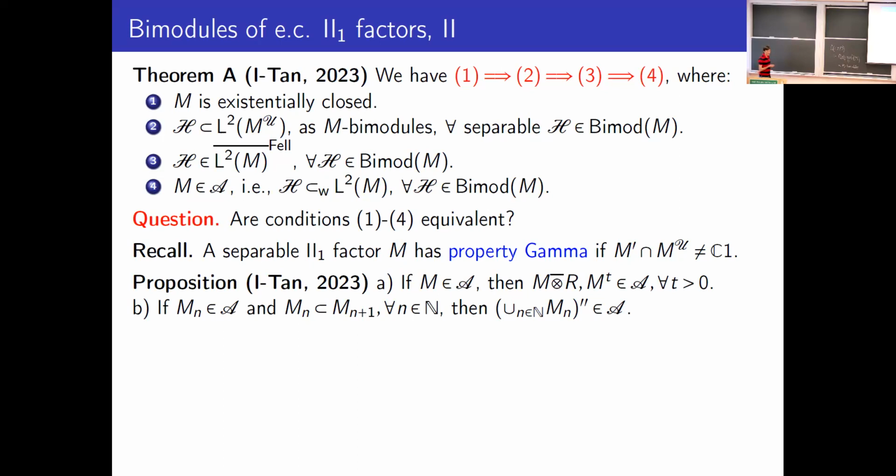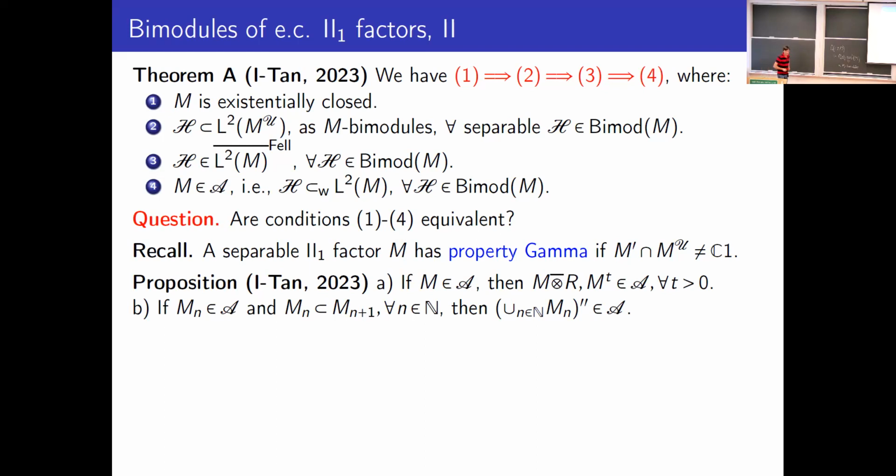If a II1 factor M belongs to this class A, so again any M bimodule is weakly contained in L2 of M, then so do M tensor R, the hyperfinite II1 factor, and any amplification M^t of M. Also class A is closed under inductive limits, just like the class of existentially closed II1 factors. So if Mn belongs to A and Mn is contained in Mn+1 for every n, then the closure of the union of the Mn's is also in A.